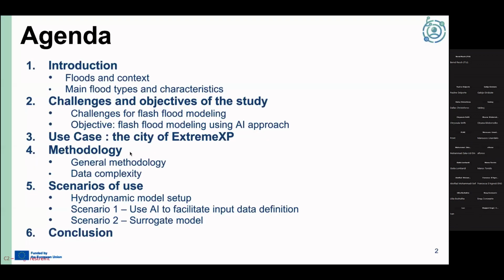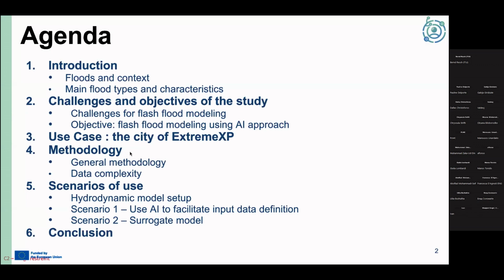I'm going first to introduce the floods and their characteristics, then the challenge and the objectives of the study to modelize these kind of events. And then I will talk about our use case, which is used for the European project Extreme XP.